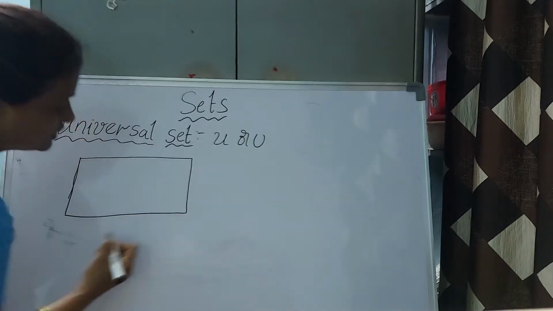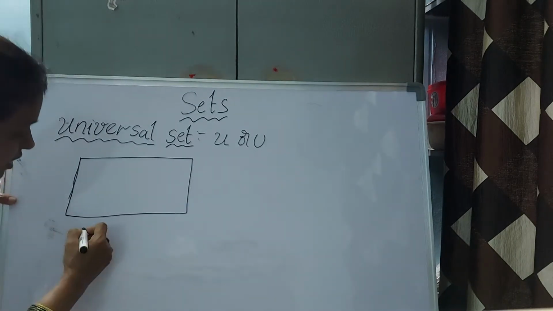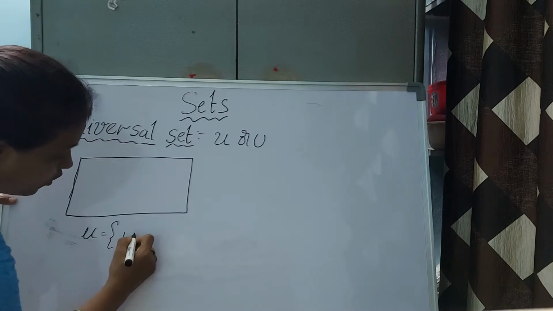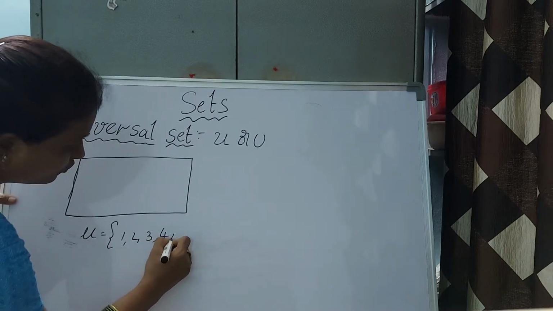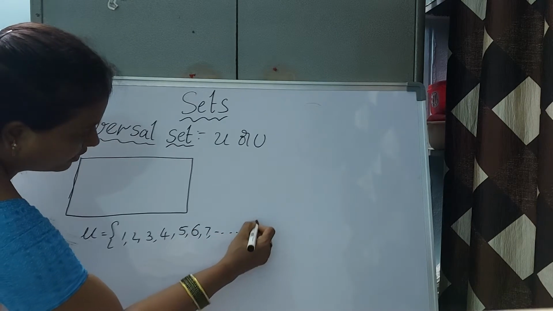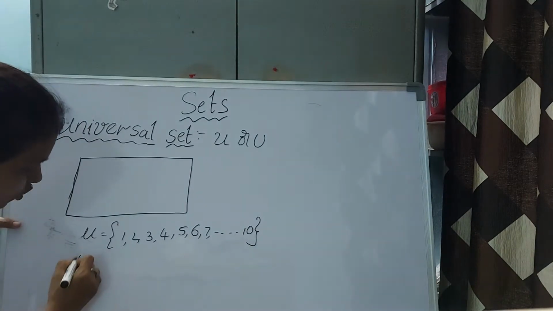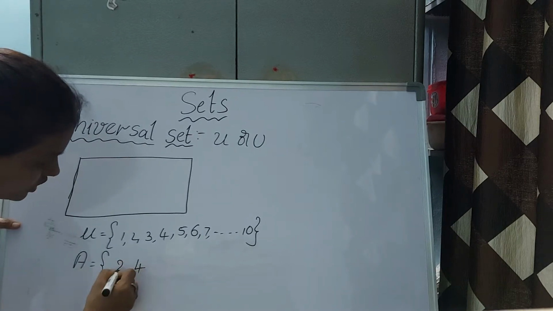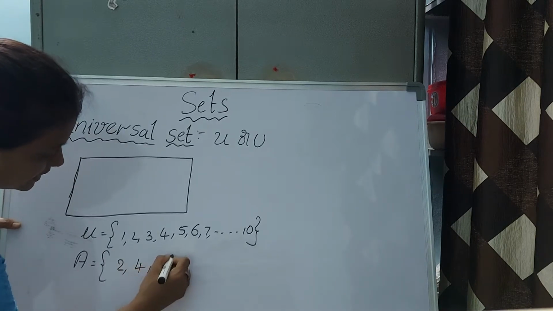If you take the universal set as a rectangle, for example, the universal set is equal to 1, 2, 3, 4, 5, 6, 7 and so on up to 10. Then I will take only one set, that is 2, 4, 6.